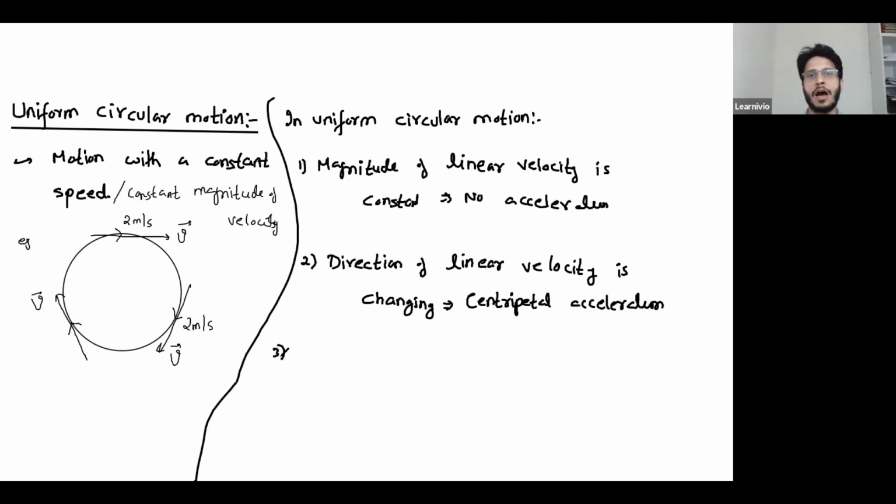Third part. After direction of linear velocity, if I talk about angular velocity, see, v is omega r. So your omega is v by r. You can check directly that if v is constant and r is constant, that means omega is constant.